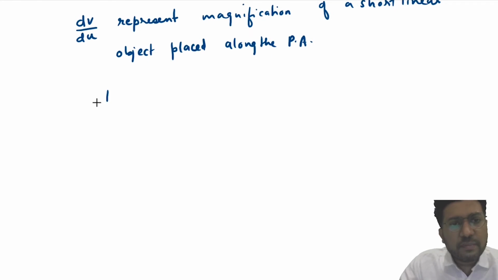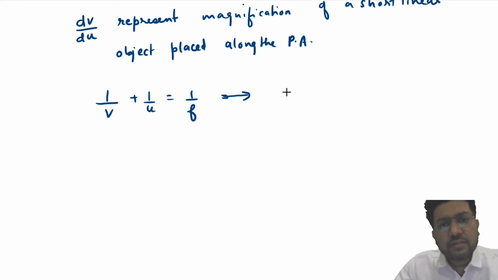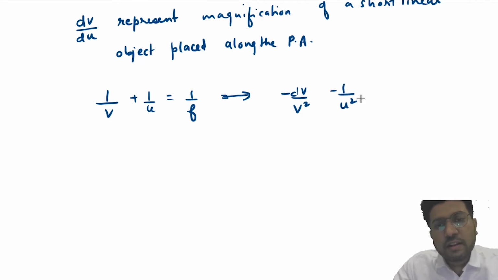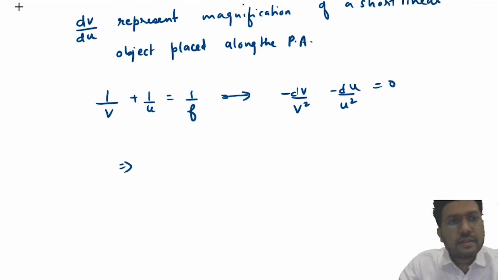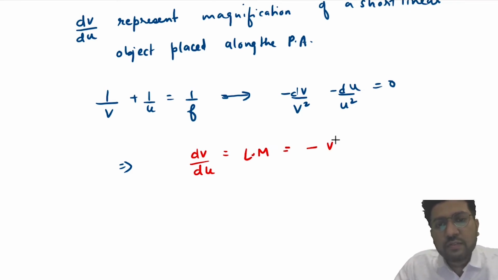Okay, I will repeat it again. See, 1 by v plus 1 by u is equal to 1 by f. When you differentiate this, you get minus 1 by v square dv minus 1 by u square du is equal to 0. From this you get dv by du, that is the longitudinal magnification, Lm, is equal to minus v square by u square.